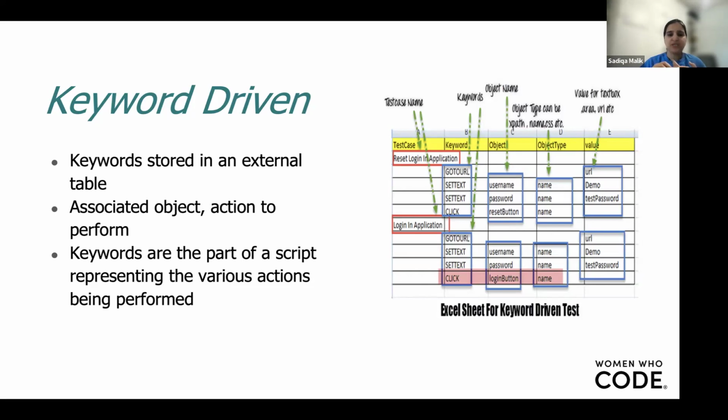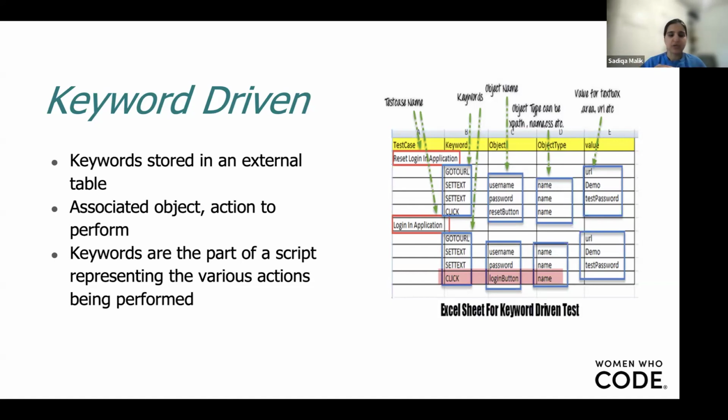So each of these objects is going to have a unique keyword. Along with the test case name, you're going to have your keywords listed down. And for each keyword, you're going to have another column which is going to describe the object properties or the keyword associated with that object, right? How you define that object. And then you're going to define the action that has to be taken. And the third column is going to be the input that you need to enter if it is applicable for that particular keyword.